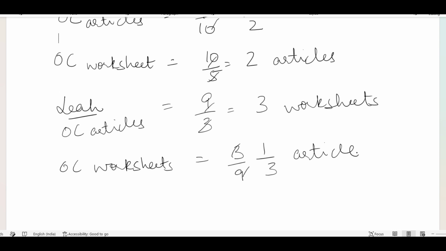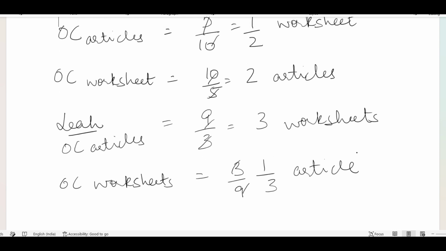All right, so now you just compare the opportunity cost for both of them. As you can see, for Kim, the opportunity cost for articles is half a worksheet, whereas for Lee, the opportunity cost for articles is 3 worksheets. So obviously, Kim will specialize in writing articles and Lee will specialize in worksheets, because for Lee the opportunity cost for a worksheet is just 1/3 of an article, and for Kim it's 2 articles.